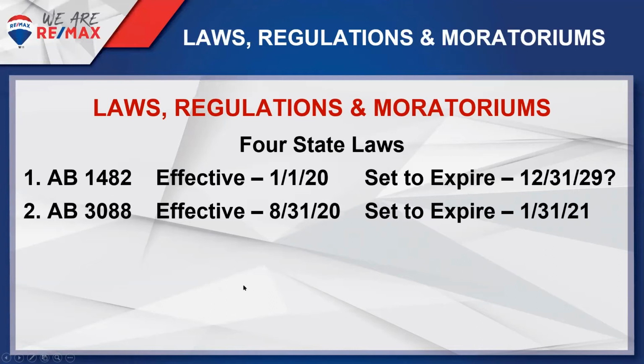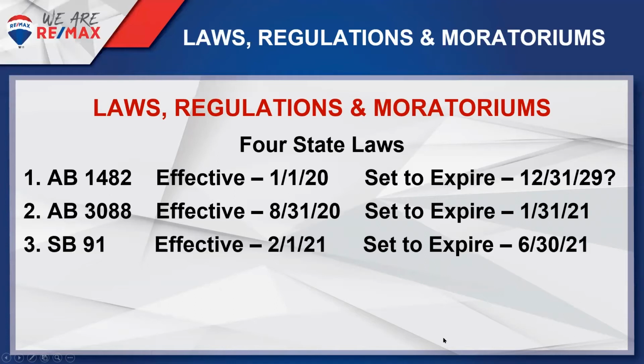AB 3088 went into effect August 31st of 2020, and it was set to expire January 31st of 21. SB 91 extended AB 3088 and added some new provisions. So it went into effect February 1st of 21, and it was set to expire June 30th of 21.